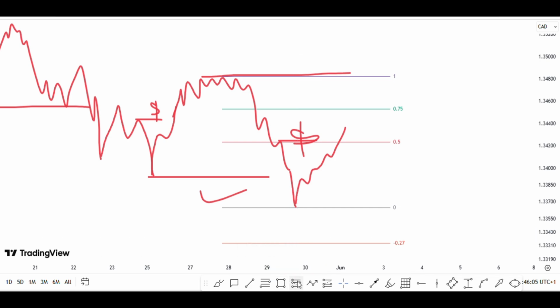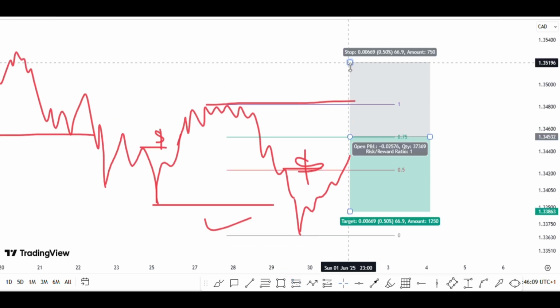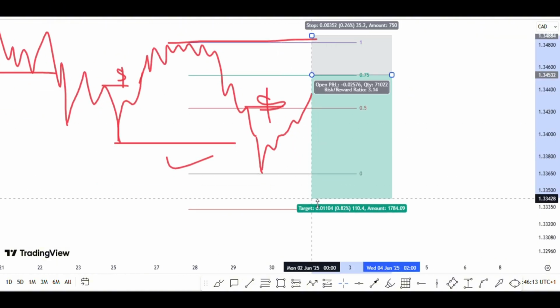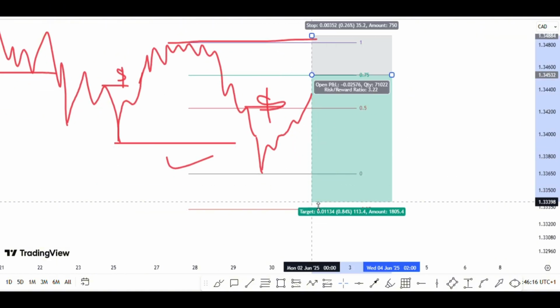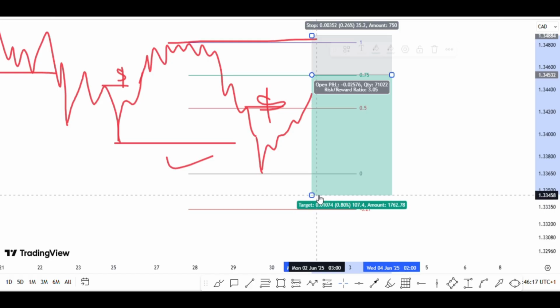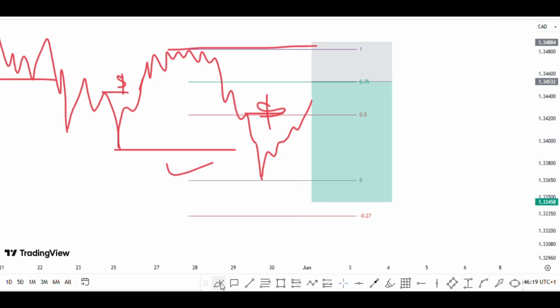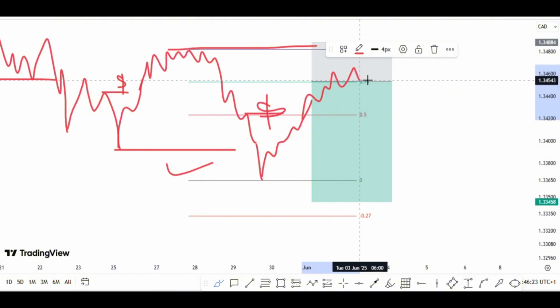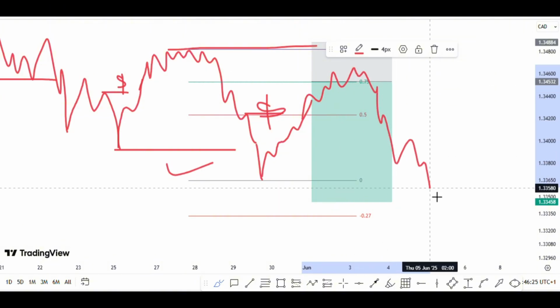Then we place our limit order, or we wait for the market to get here, and put our stop loss here. Then we take 1 to 3, depending on what you prefer to take. You will see that the market will fulfill your order here, then probably drop.